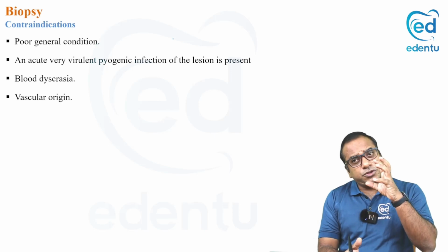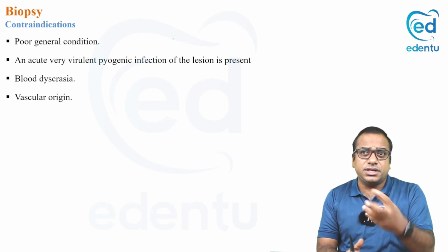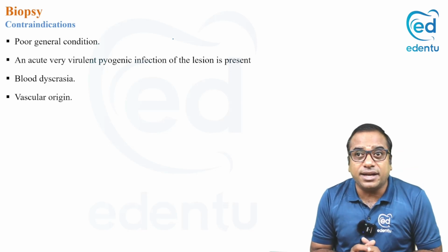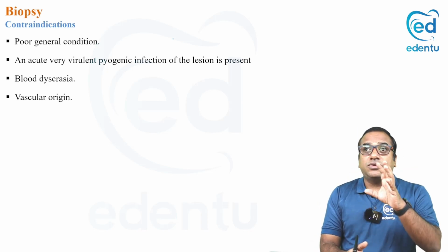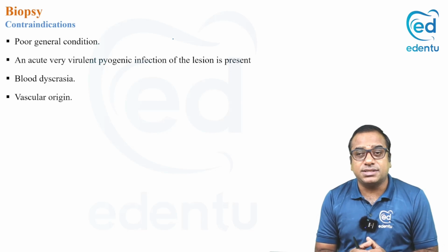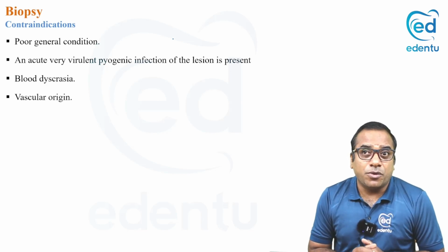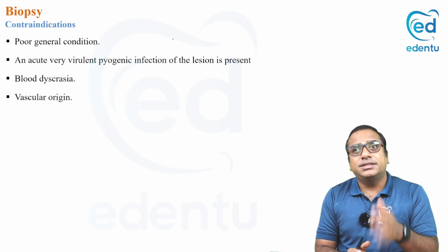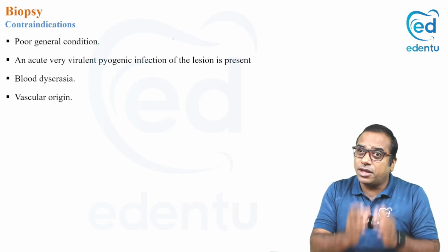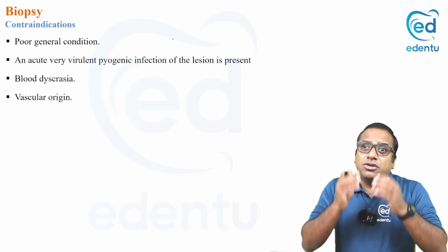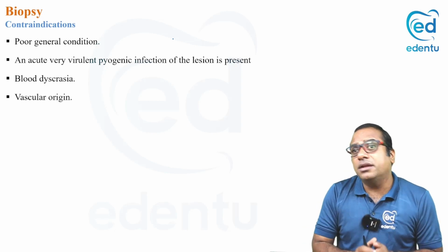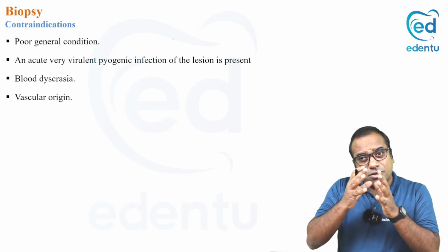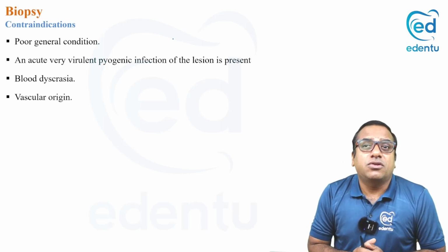And any tumor or tissue of vascular origin, blood related, arteries related, like hemangiomas, you should not go for biopsy immediately. You have to rule out everything and if indicated, then only in a controlled atmosphere where you have backup, you are doing it in a hospital, you have got a blood bank, you can do a surgery and save the patient, then only you should do it. This comes under almost like absolute to relative contraindications.